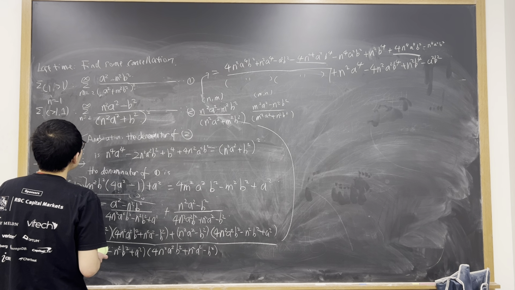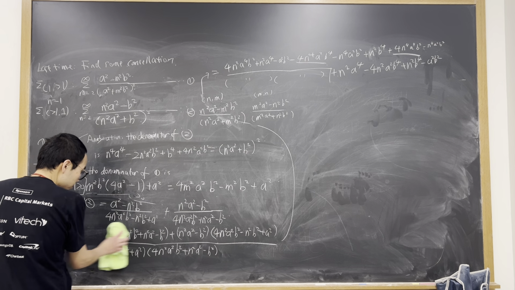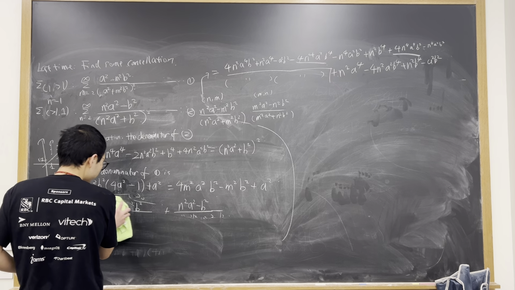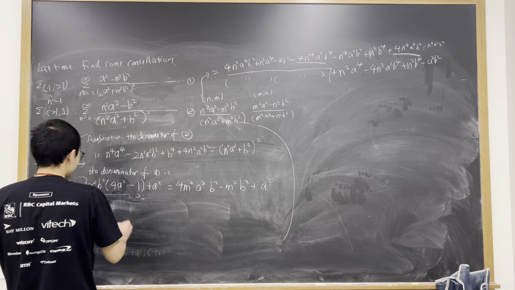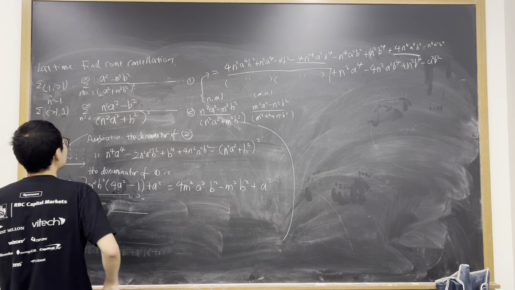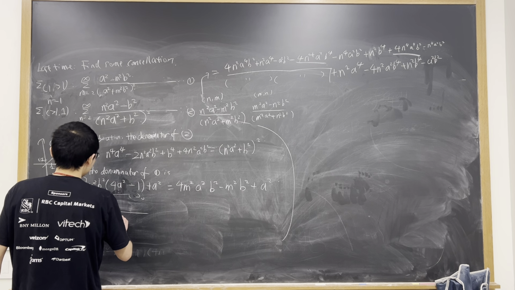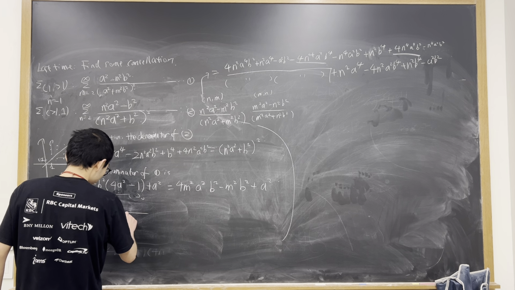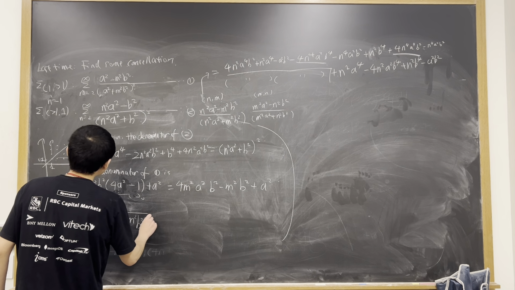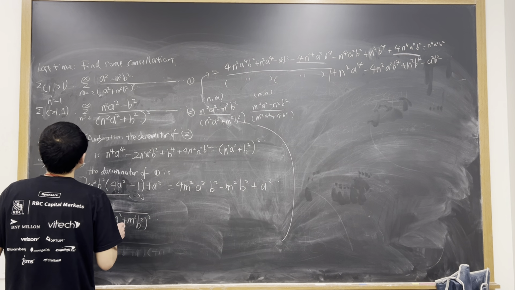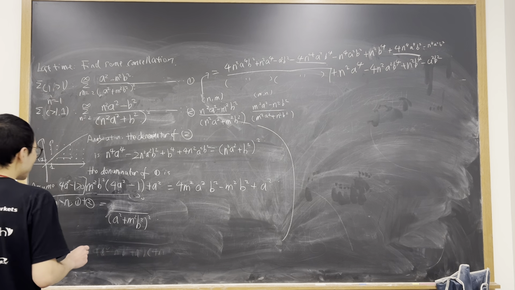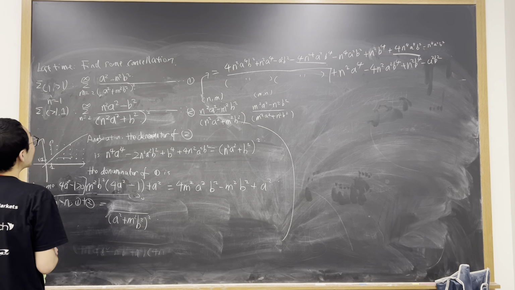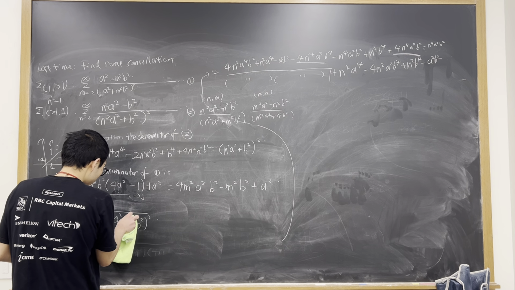So let me just do this one. Here let me multiply everything to make them the same denominator. So here I would have the denominator as n squared plus m squared b squared squared, and then for the numerator, when I fix m equal to n, the first should be like n squared.